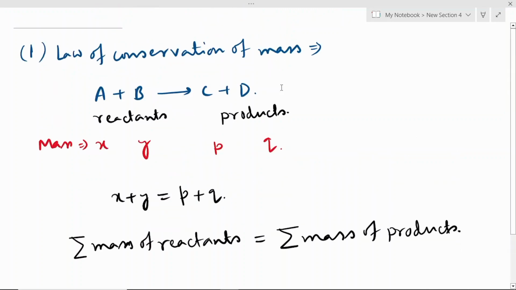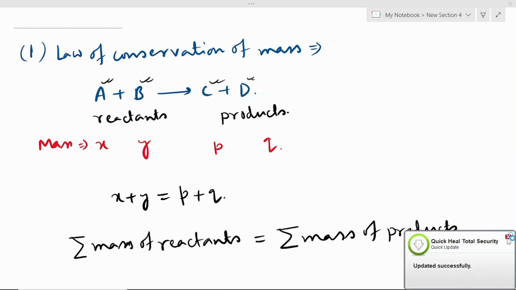So what I am saying is that this A and this B combine to give C and D, and in this process some bonds are destroyed and some bonds are made. In that case, some energy is released or some energy is absorbed in terms of heat.